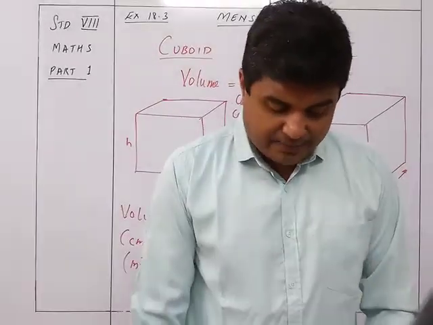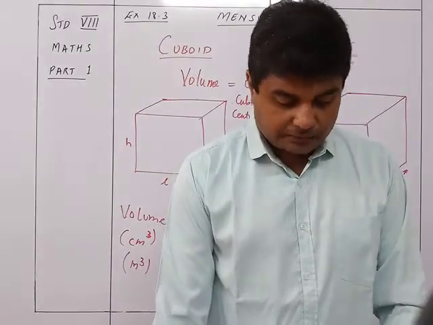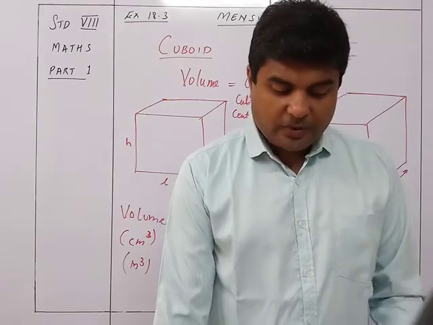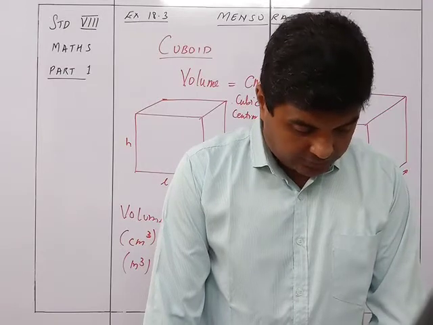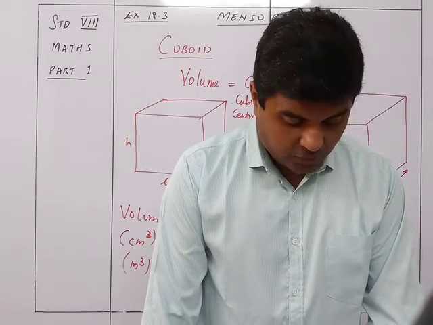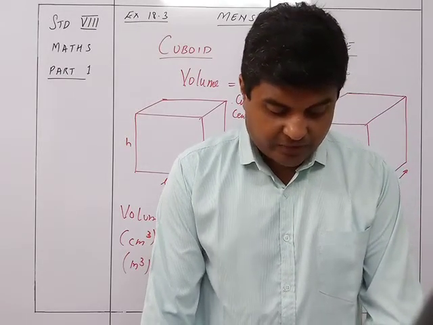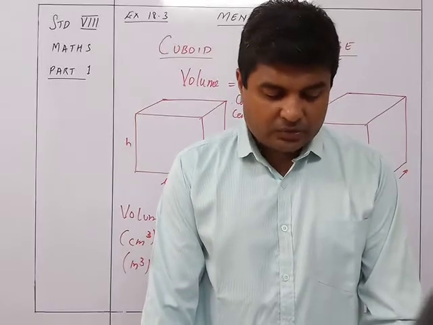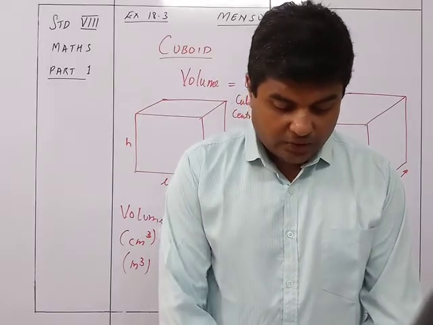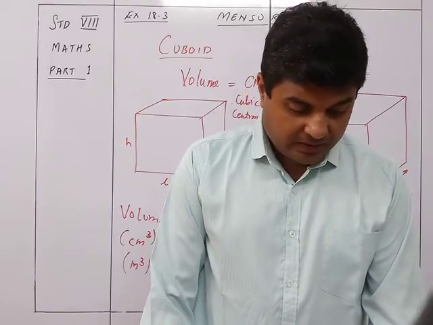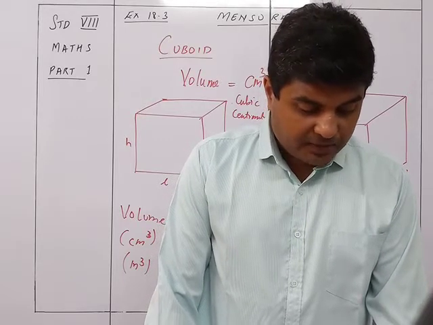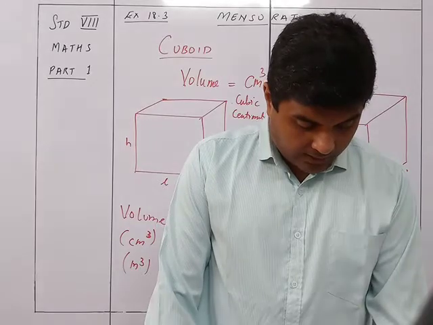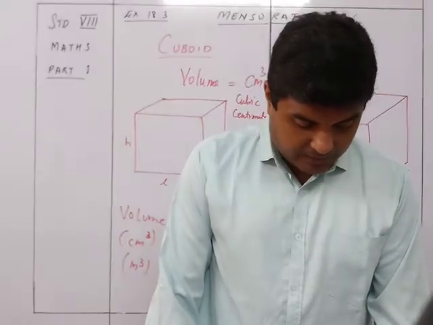The solved examples related to cube and cuboid will be up to example number 5. So examples 1, 2, 3, 4, 5 are your homework which you need to do, and also example number 9 and example number 10.